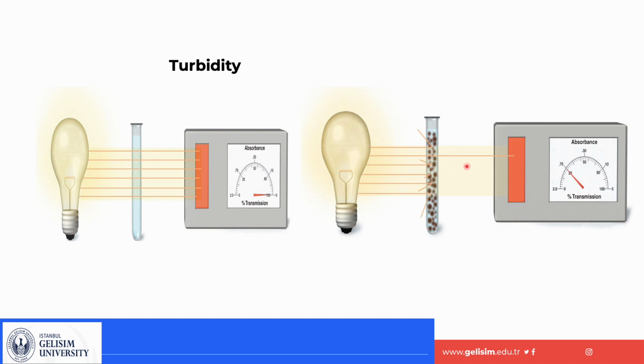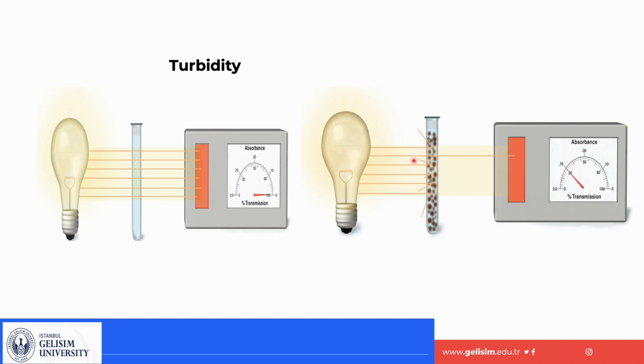Okay, so if you look over here in this tube, there's lots of bacteria. So again, as light is passed through over here, because this is concentrated with lots of bacteria, very little light is able to pass through and to be measured by this device over here.